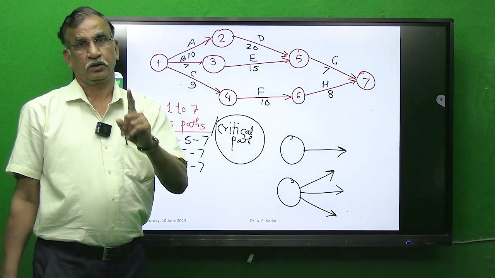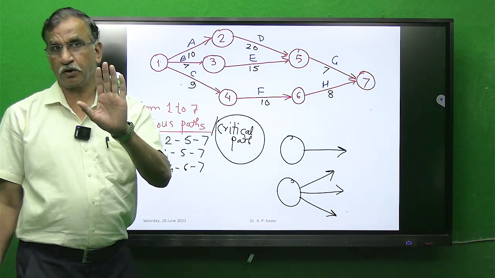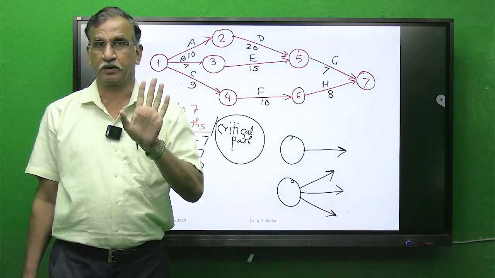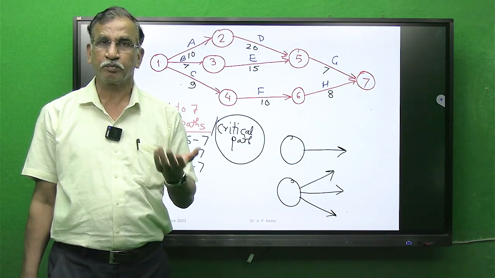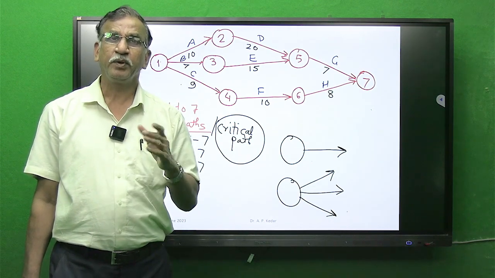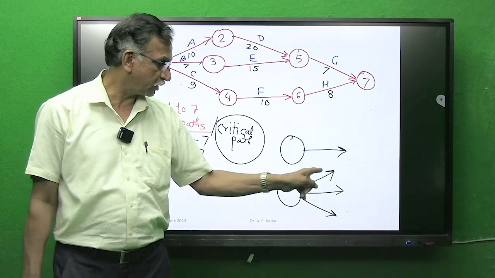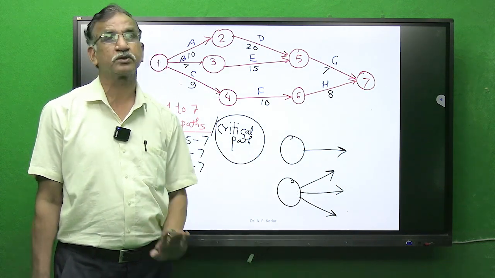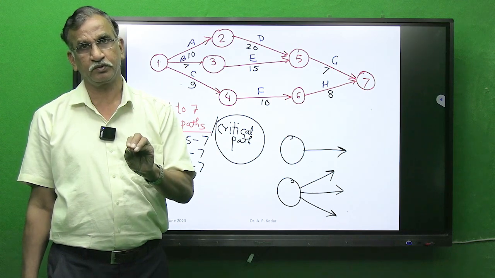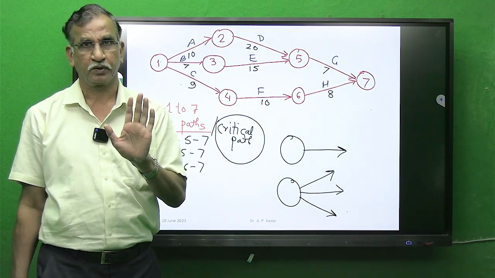What I said? There cannot be more than one event. That is true. But the starting event, depending on the project nature, may have only one starting activity or may have more than one starting activity. This is the point which I want to emphasize.